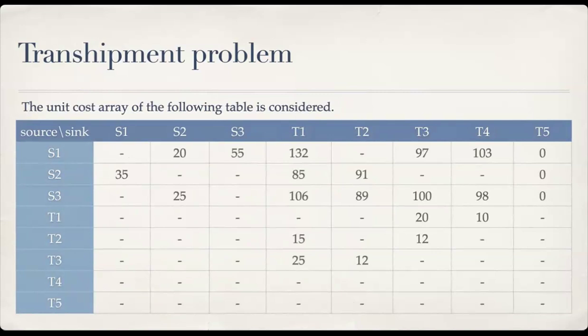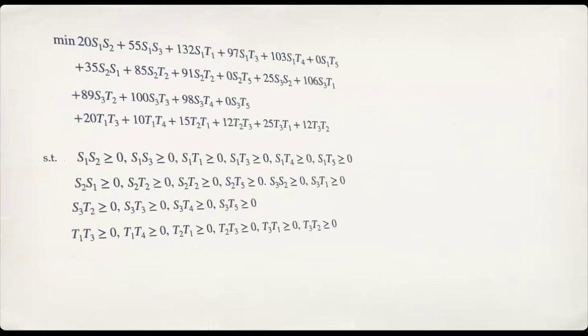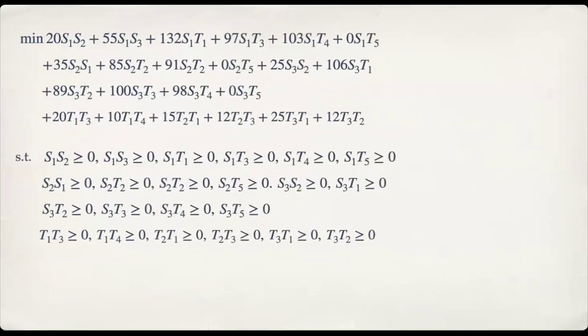Or if you directly ship a unit of product from S1 to T1, it costs 132. So we're going to optimize all these shipments.